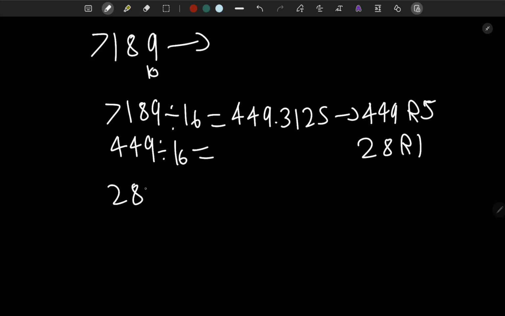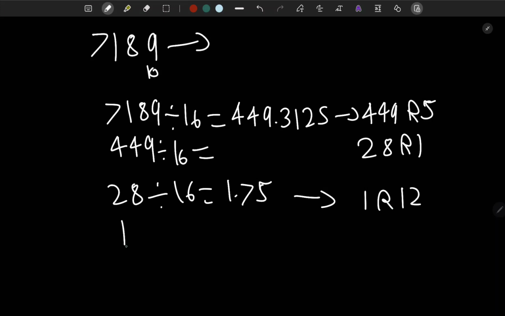Continuing on, so 28 divided by 16 now is 1.75, and this should be 1 remainder times 4, so it's going to be 12. Continuing on, so 1 divided by 16 is 0.0625. This is 0 remainder 1.